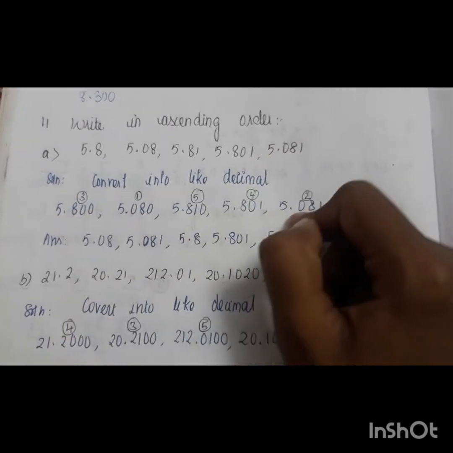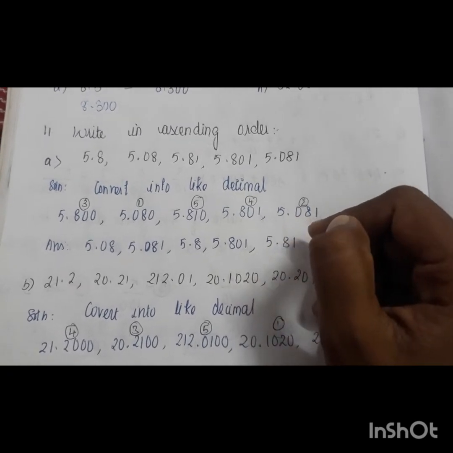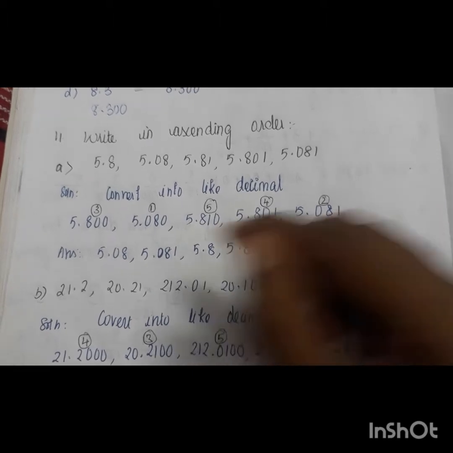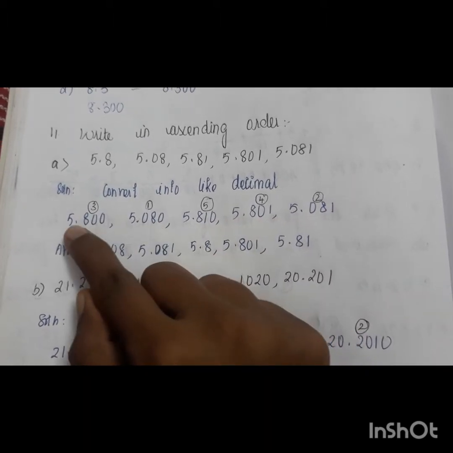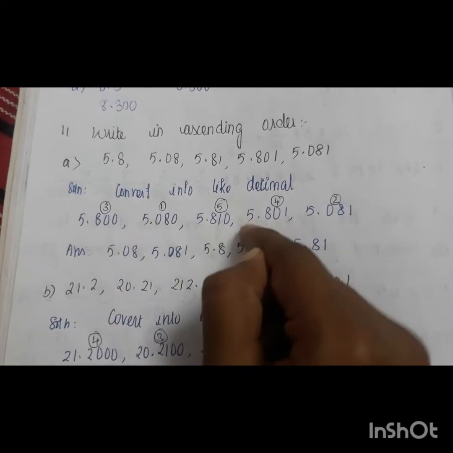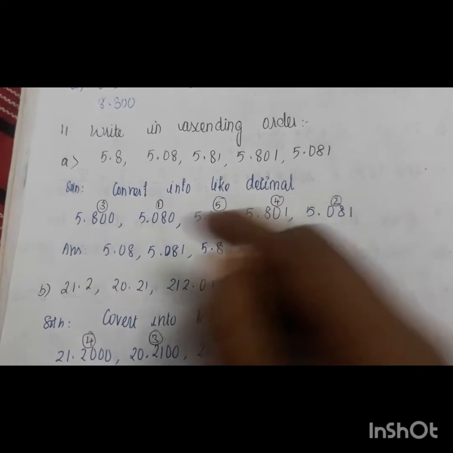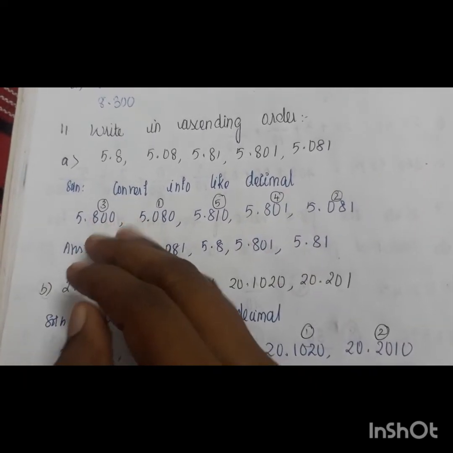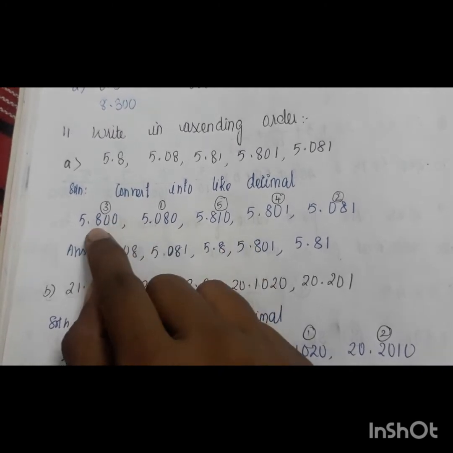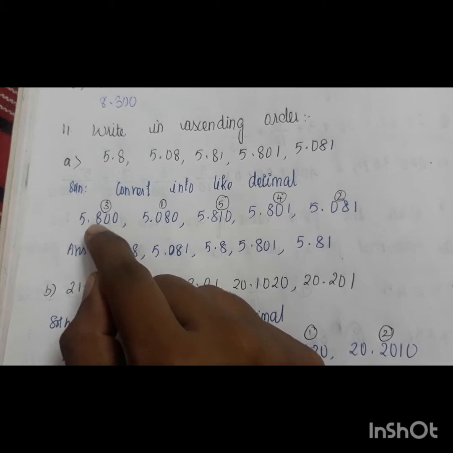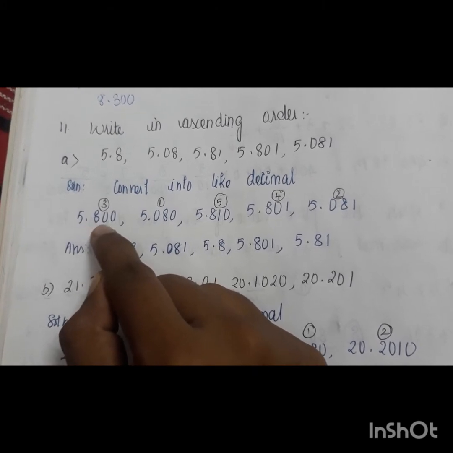Next you are going to compare which one is the smallest one, and in that way arrange it, right? Here you see all the integral parts are the same, 5, so we'll move on to the decimal part. When we check the decimal part, you can start from the 1/10th place, from the leftmost.